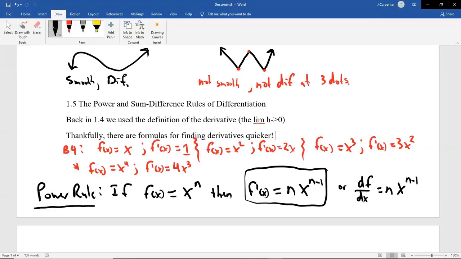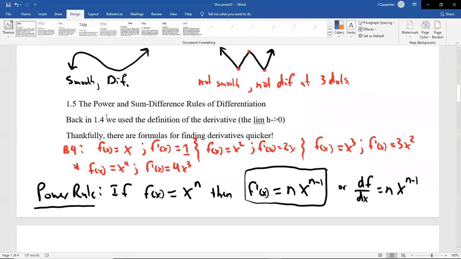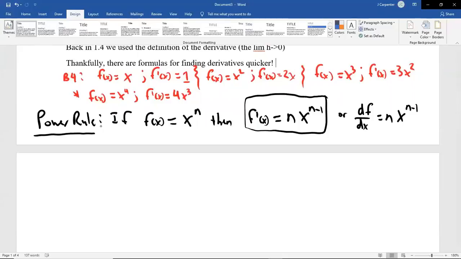Now, I want to give a couple of special cases here. These are special cases because the power rule still applies. Let's say your function is just a constant. Let's go with C. Actually, let's go with A, because I'm going to use the A later as well.